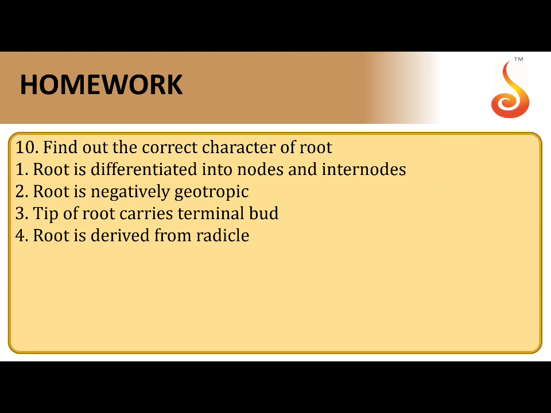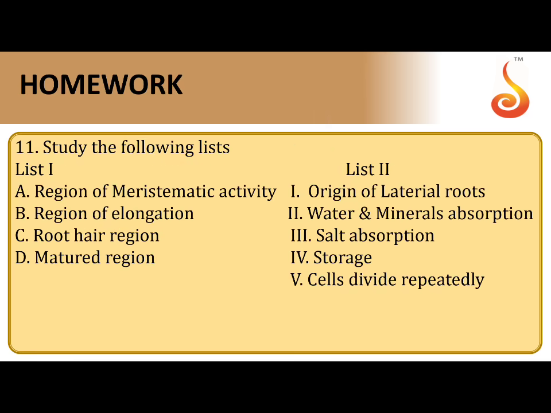Question number 10, find out the correct character of root. 1, root is differentiated into nodes and internodes. 2, root is negatively geotropic. 3, tip of root carries terminal bud. 4, root is derived from radicle.